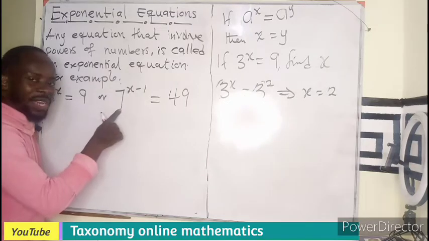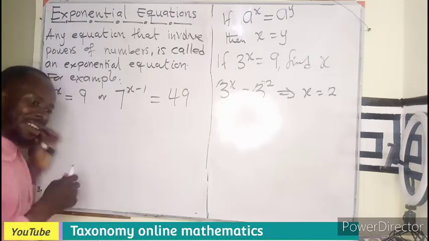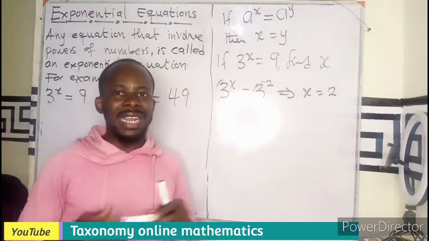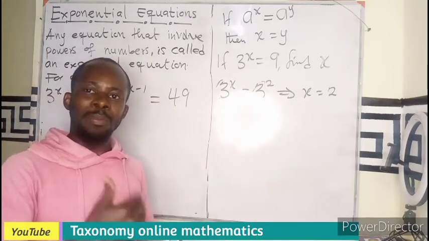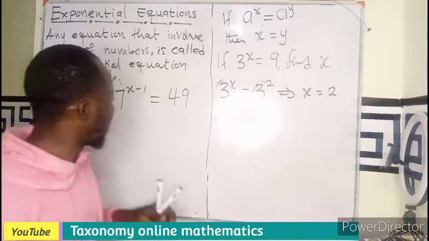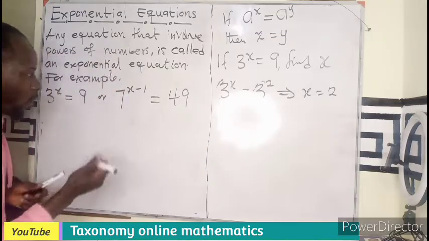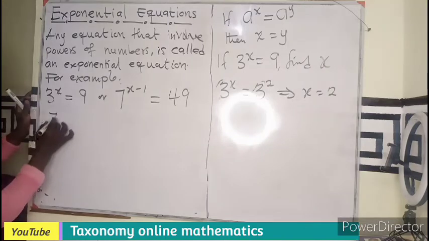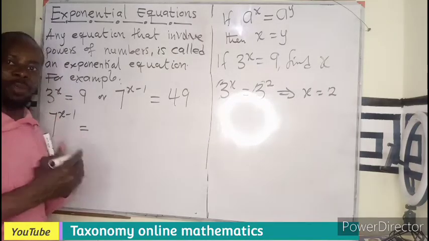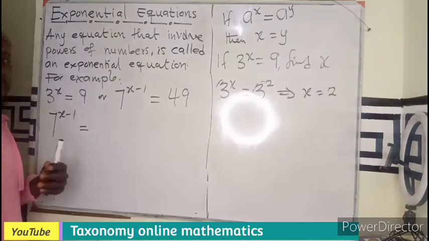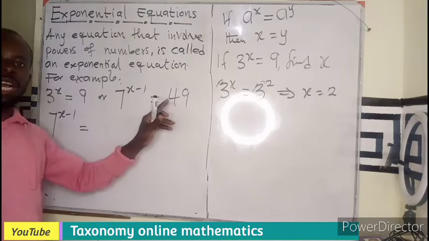Since I have a base of 7, normally the bases that we use as the simplest form will be prime numbers. So we can see 7 is a prime number. So I am going to maintain 7^(x-1) equals, then I ask myself, if I am multiplying a series of 7s, how many will I multiply in order to get 49?